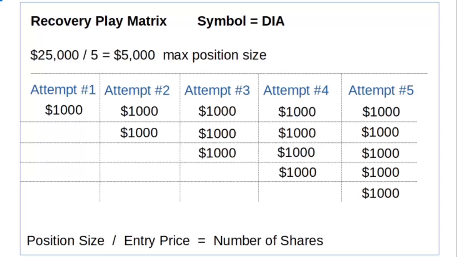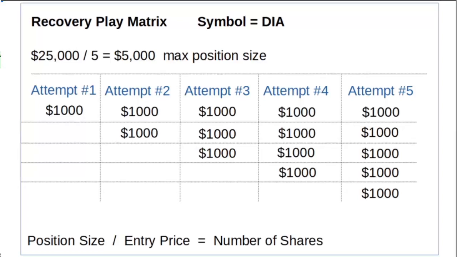If you want, you can start doing add-ins, and I would recommend you cut the positions by 4, or divide by 4. So do add-ins of like $250 each, right? That will keep your average share price below where the stock is trading. You'll be able to add in and increase your size without risking getting knocked out or taking a loss in that position, as long as you're trading above your entry price and you are at break even.